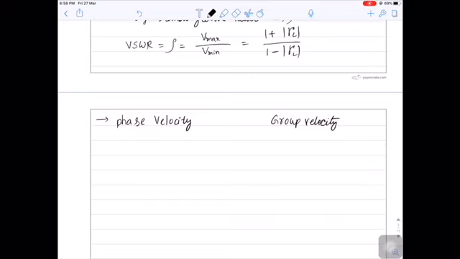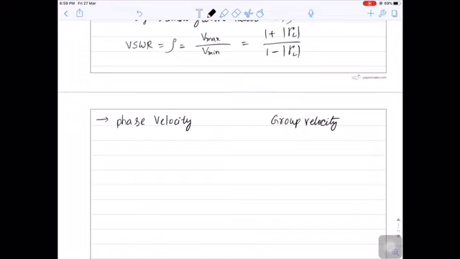The phase velocity is the velocity at which a wave of single frequency propagates along a line, whereas a group velocity is the velocity at which the envelope of complex wave propagates along a line. It is the ratio of change in angular velocity to the change in phase constant of the wave.